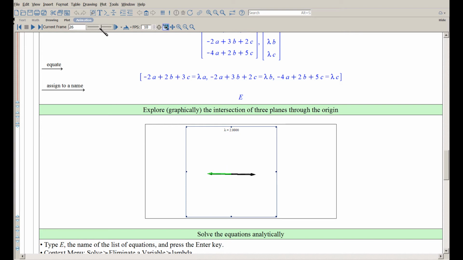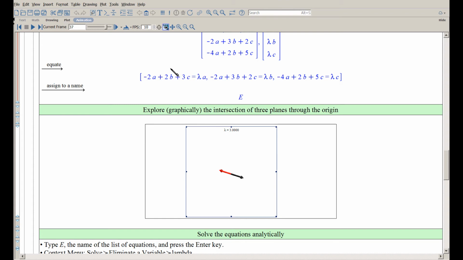And lambda equals 2 appears to be a second value of lambda for which those 3 planes have a common line of intersection. And then if lambda equals 3, there is a third value of lambda for which those 3 planes have a common line of intersection.